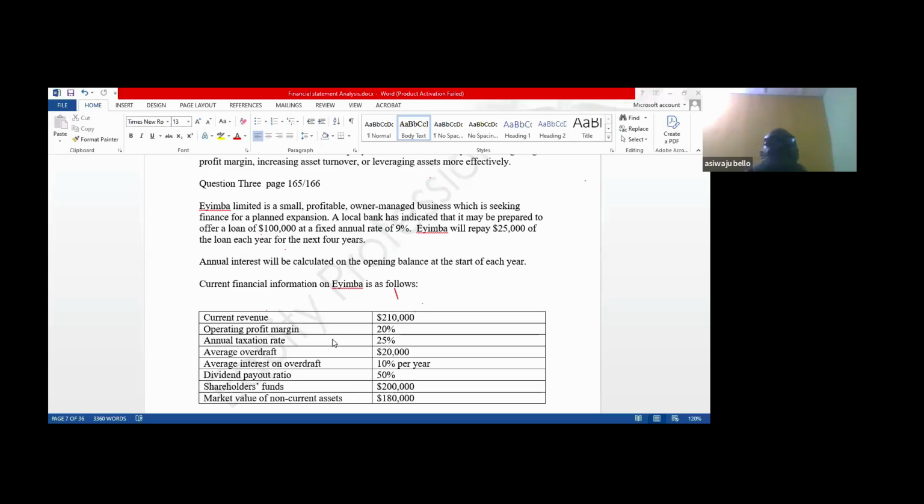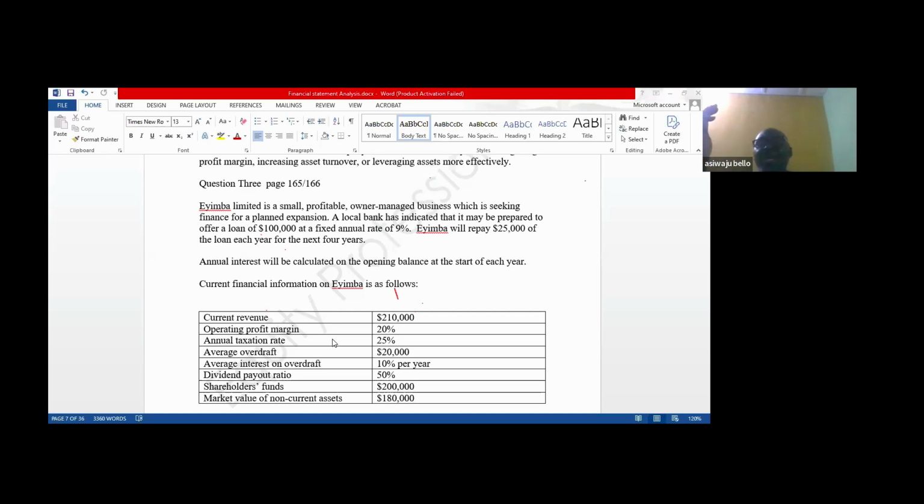Eyimba Limited, a small, profitable, owner-managed business which is seeking finance for a planned expansion.